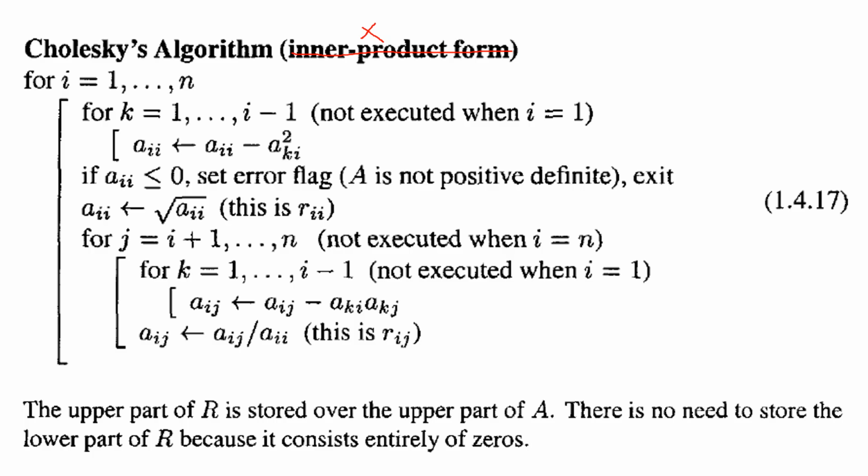Here you can write this arrow sign, Aij is equal to, and here you can replace the equal sign if you want, also here and at this place. Try to understand this algorithm.